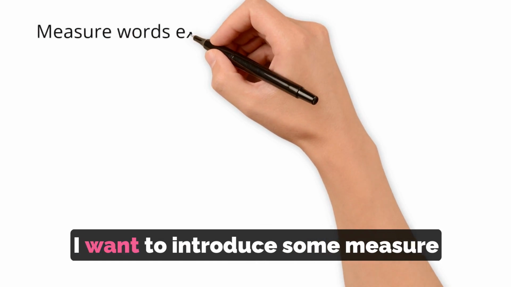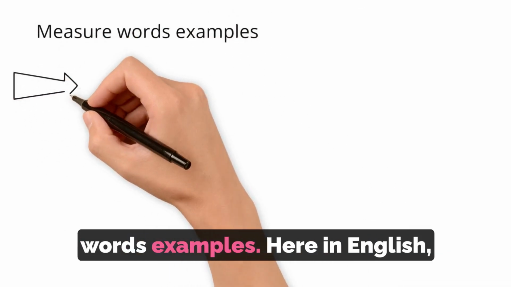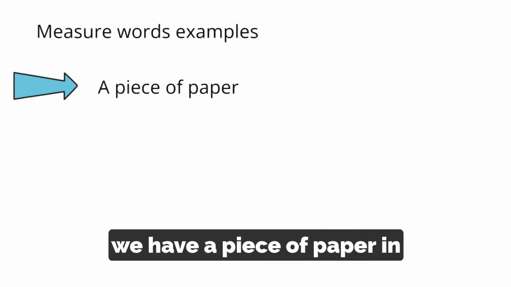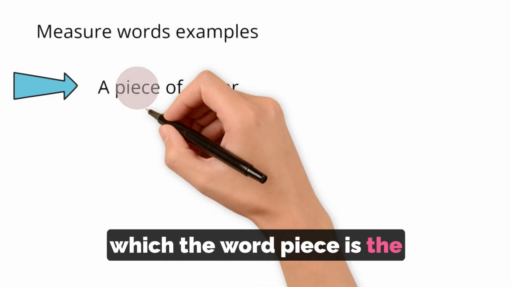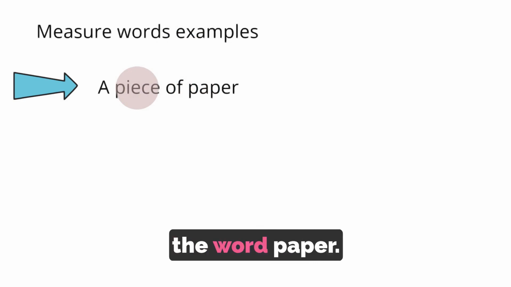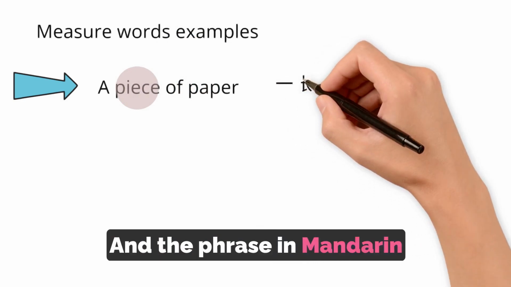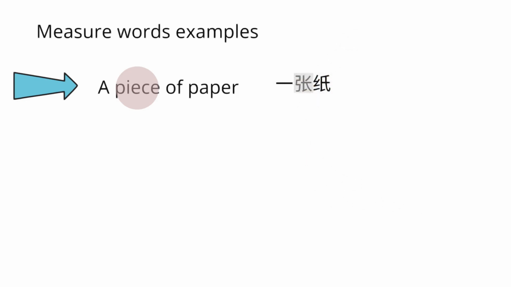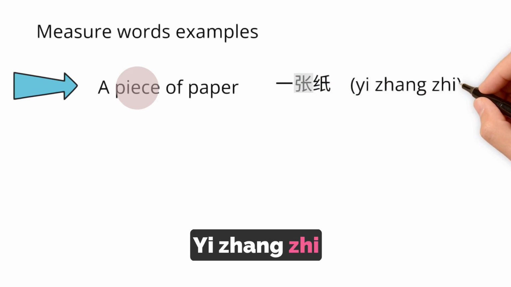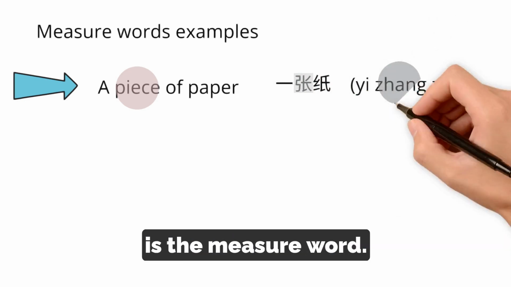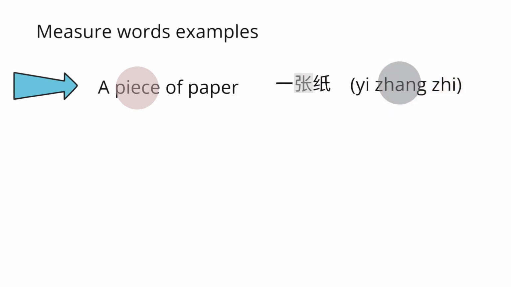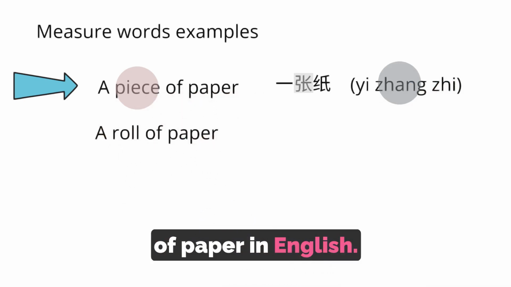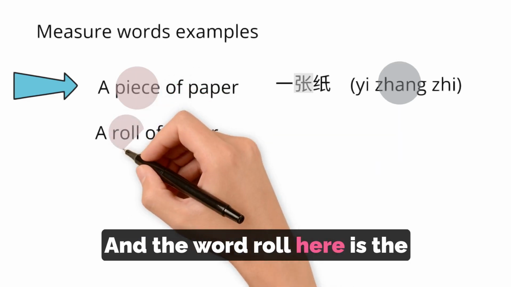First of all, I want to introduce some measure word examples. In English, we have a piece of paper, in which the word piece is the measure word that measures the word paper. The phrase in Mandarin is 一张纸, in which the word 张 is the measure word. Here we also have a roll of paper in English, and the word roll is the measure word.